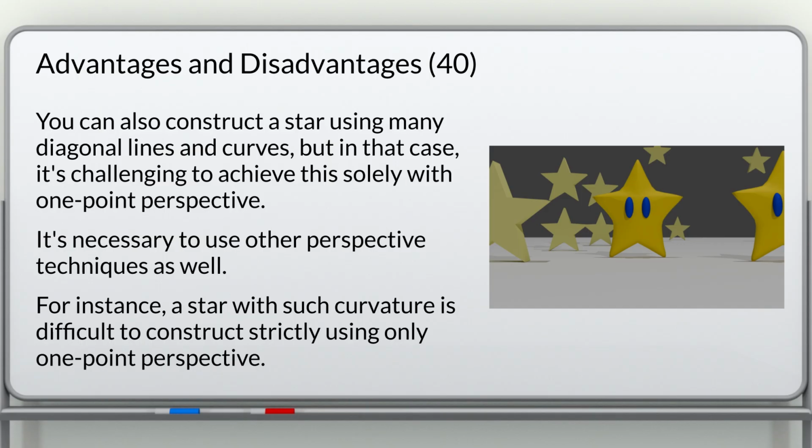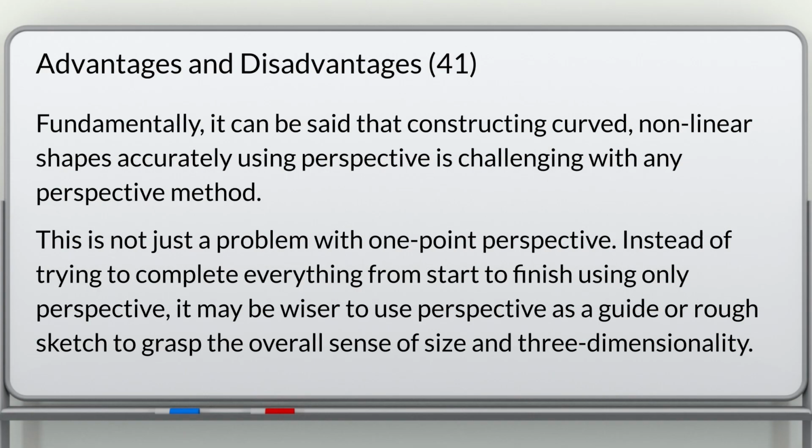It's necessary to use other perspective techniques as well. For instance, a star with such curvature is difficult to construct strictly using only one-point perspective. Fundamentally, it can be said that constructing curved, nonlinear shapes accurately using perspective is challenging with any perspective method. This is not just a problem with one-point perspective.